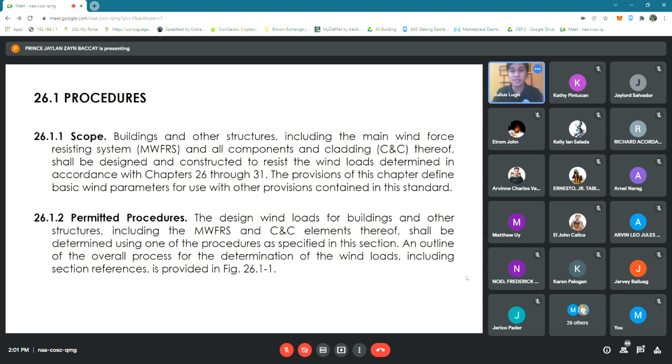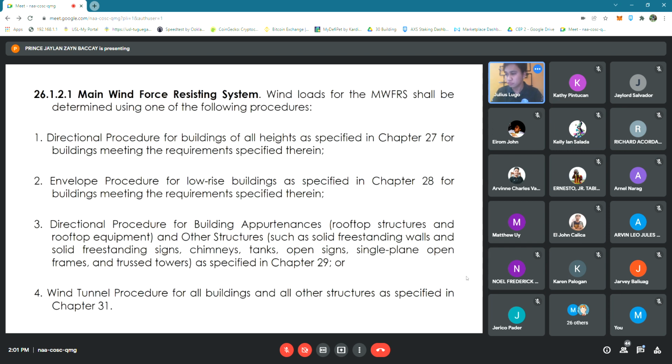Okay, so next slide tayo. So what are the procedures in determining the wind loads for MWFRS? So we have actually 4 types of procedure in determining it. The first one is directional procedure. Second one is the envelope procedure, and then directional procedure for building appurtenances, and wind tunnel procedure naman for all buildings other than if it does not fall among the first 3 that I mentioned.